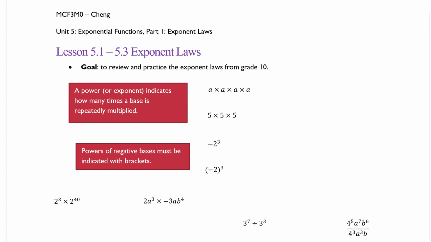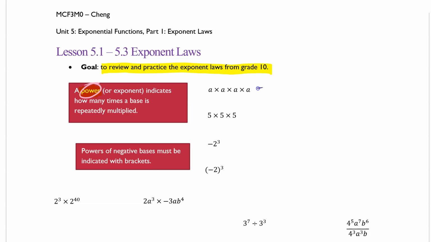Okay, our goal today is to review and practice the exponent laws from grade 10. First thing I want to talk about is a power. A power, or exponent, indicates how many times a base is repeatedly multiplied. Imagine a times a times a times a.